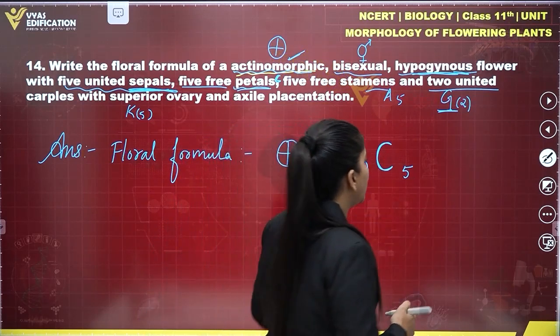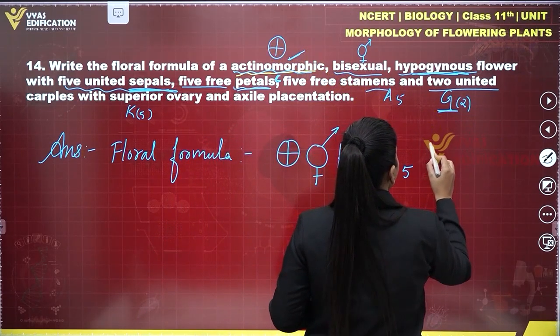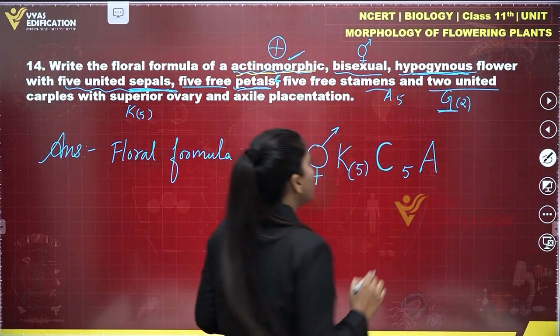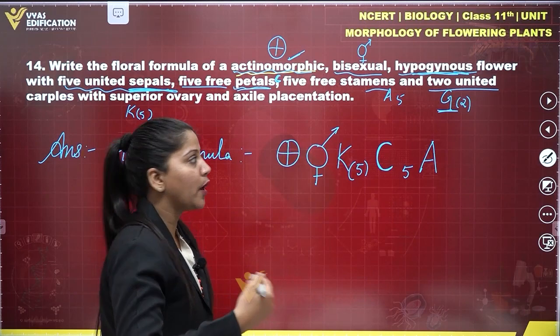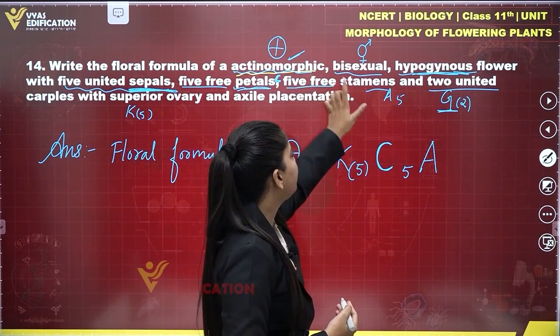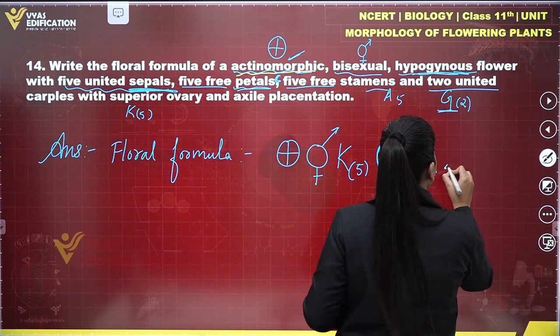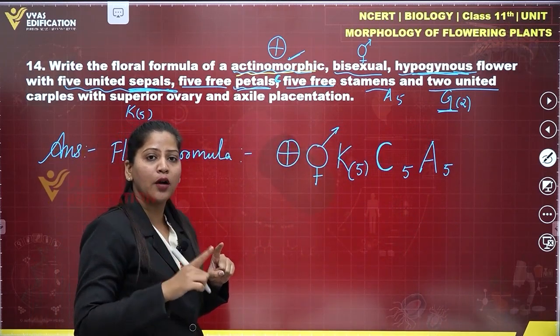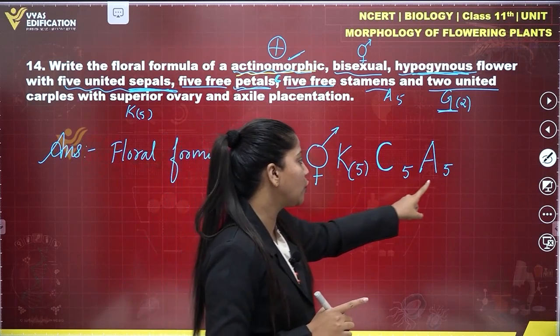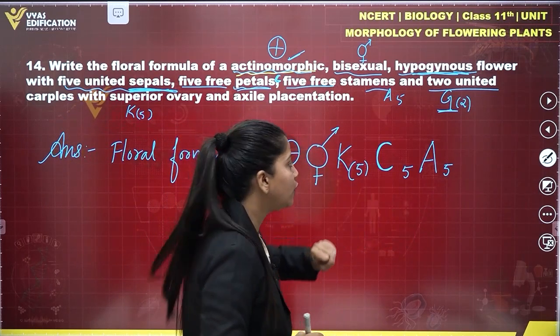Then we move towards A, that means androecium. Androecium is another name for stamen, the male reproductive part. They are also 5 in number, but they are free, not fused with each other. So we are not going to make a bracket over this 5 either.